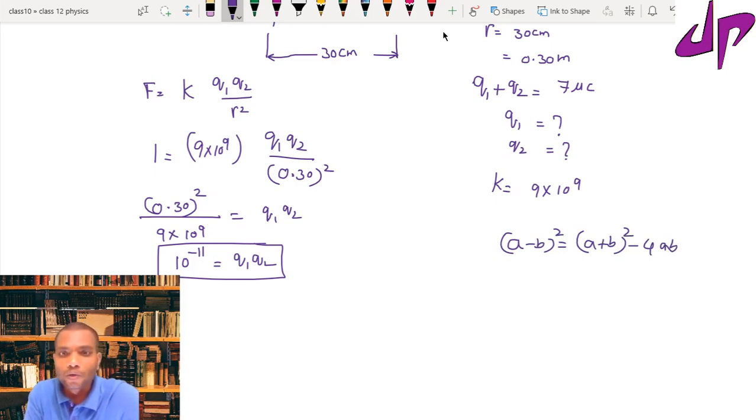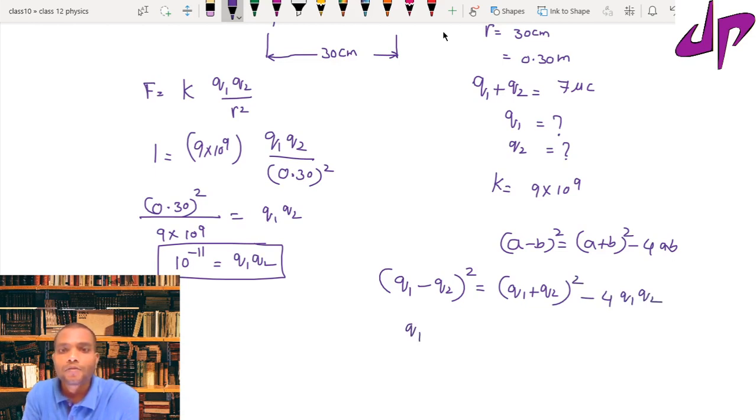To calculate Q1 and Q2, I will rewrite the formula in terms of Q1 and Q2: Q1 minus Q2 whole square equal to Q1 plus Q2 whole square minus 4 Q1 Q2.